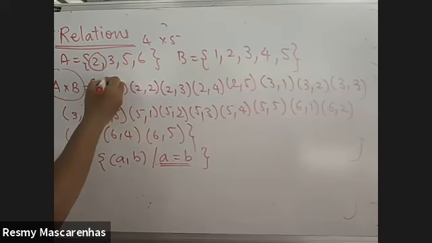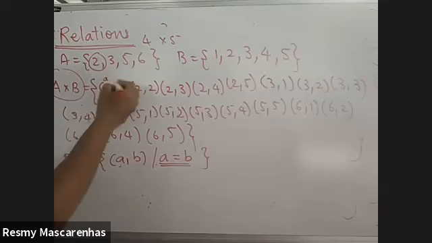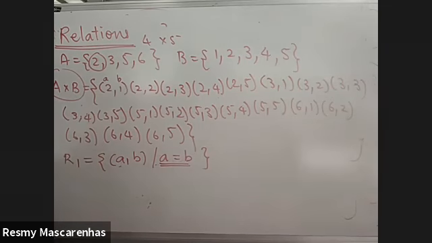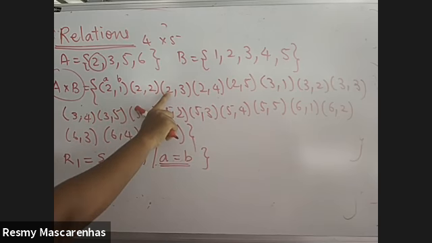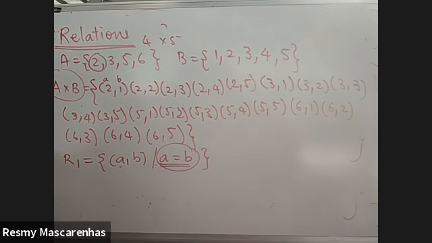The first element is always a, you know that because it came from set A. And the second element is always b. Everywhere it is the same thing. This will be a, this will be b: (a, b), like that. So now you have to pick up only those pairs where a is equal to b, where both the numbers are equal. So only write those. Check where both the numbers are equal.